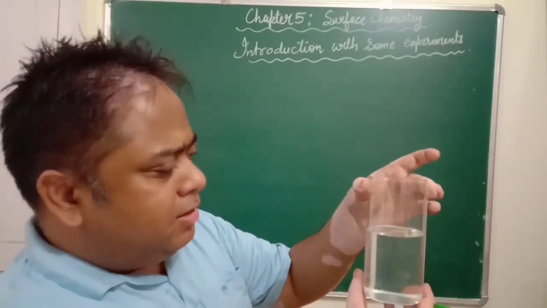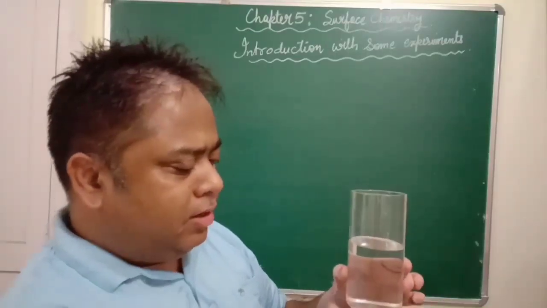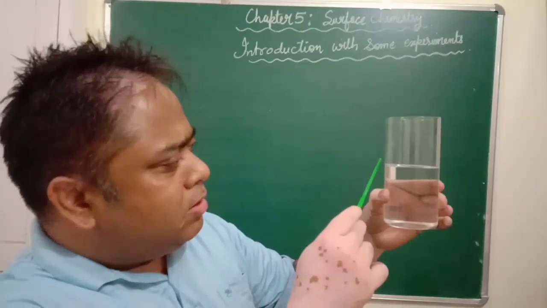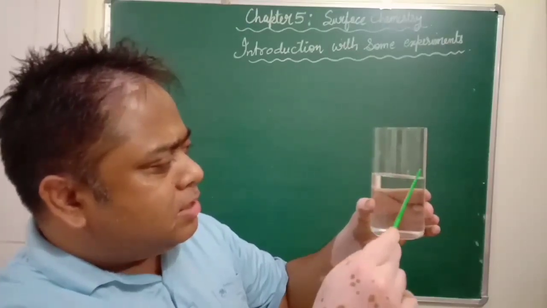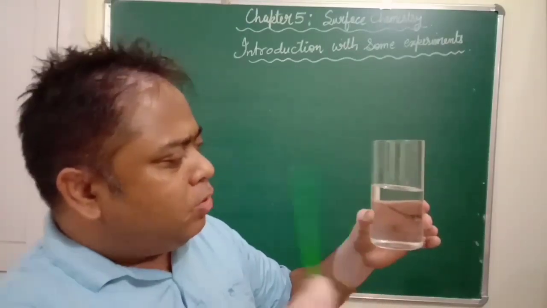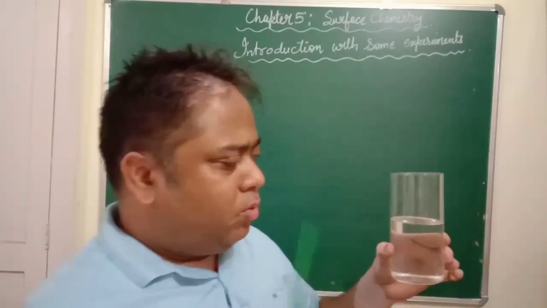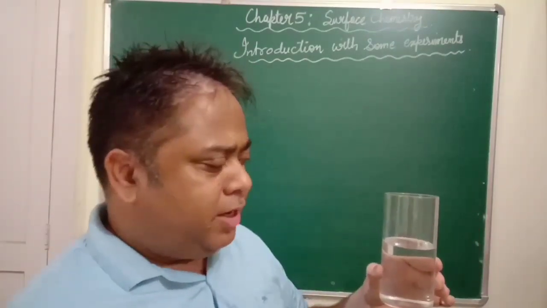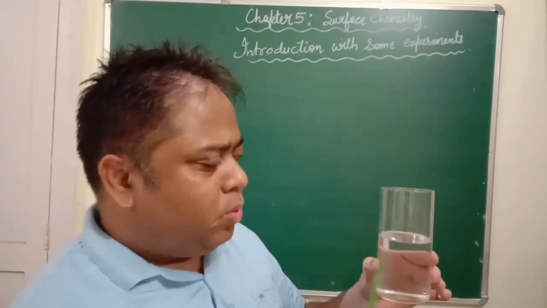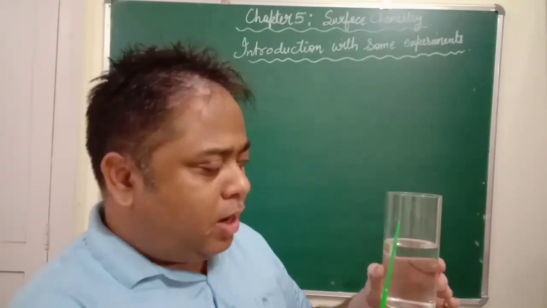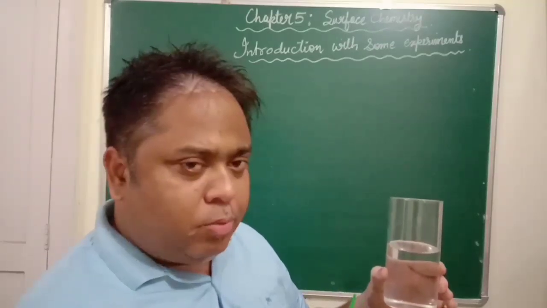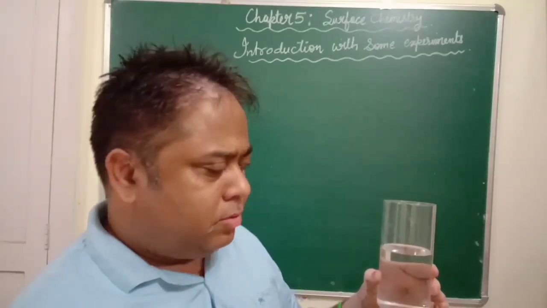Now this glass is little thicker. If you would have taken narrower tube like a test tube, you would have found that it forms a slight U-shaped meniscus. Why? One more interface is also there. One interface is of water and air. Another interface is of water and the glass. Denser the object will be, more will be its adhesive force.